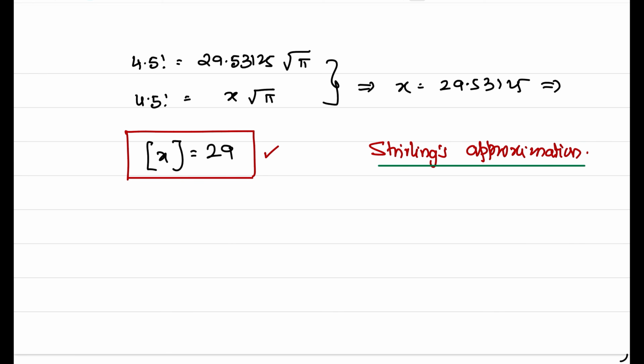If you want it in terms of the gamma function, you adopt this method, or if you want to use Stirling's approximation, that is up to you. I have already explained this in my previous videos. And this gamma function I wanted to introduce to you.